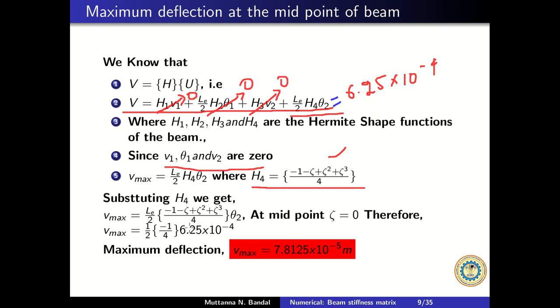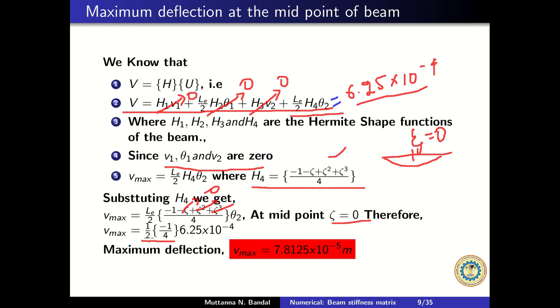So I will substitute this here, L by 2, so L is equal to 1. So at the center of the beam, zeta is equal to 0. So I will substitute zeta is 0 in this equation. So this is 0, this is also 0, this is also 0. So leftover is minus 1 by 4. And theta 2 is given by this.